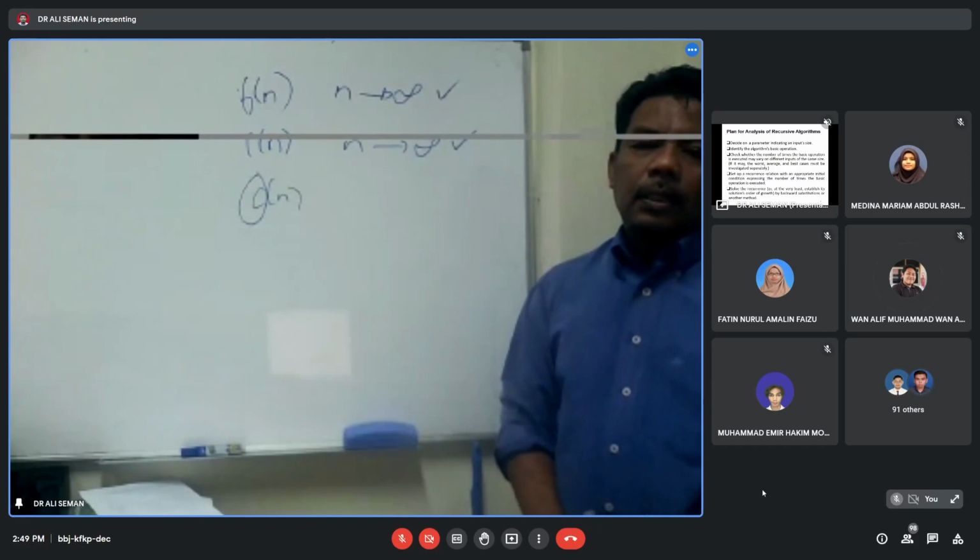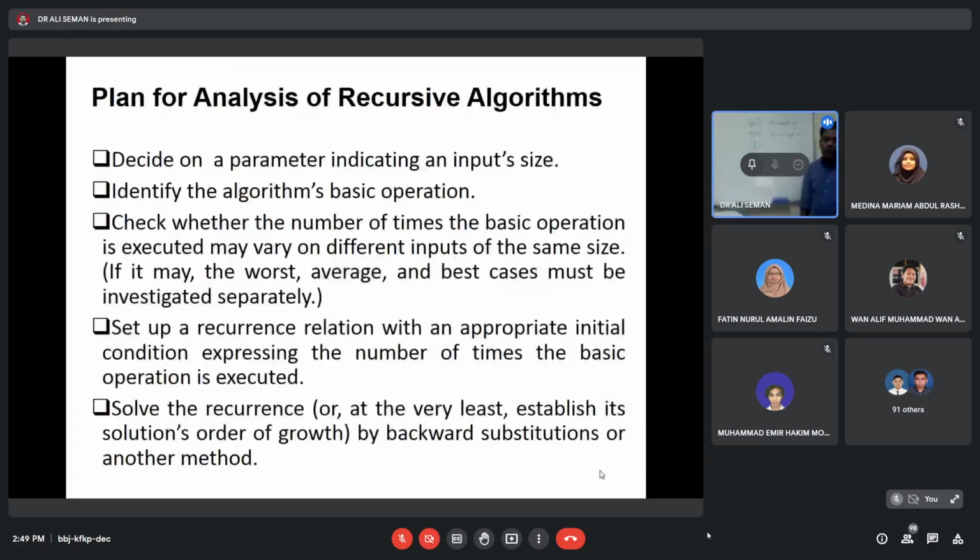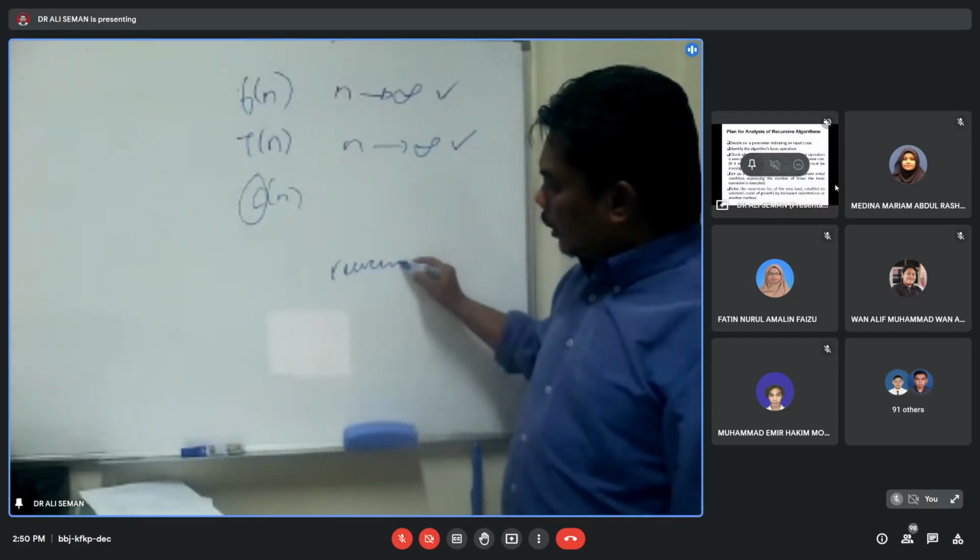Clear. Okay. Identify the algorithm basic operation, and next check whether the number of times the basic operation is executed may vary on different inputs of the same size. If it may, the worst, the average, the best case must be investigated separately. And then set up a recurrence relation with an appropriate initial condition expressing the number of times the basic operation is executed. So we need to set up the recurrence relation.